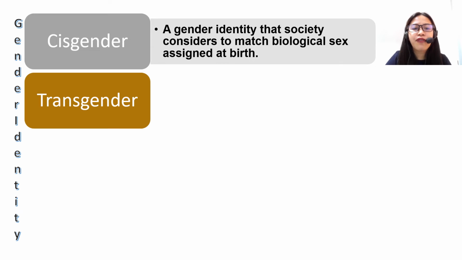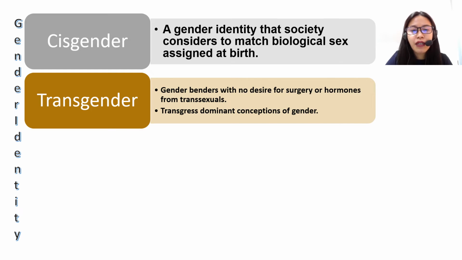Okay? Aside from cisgender, we also have transgender, and these are what we call gender benders, because they have no desire for surgery or hormones like transsexuals, but they transgress dominant conceptions of gender.